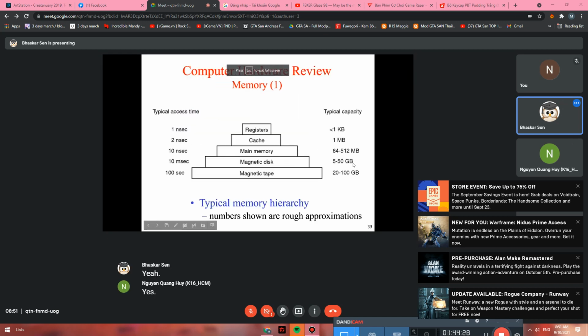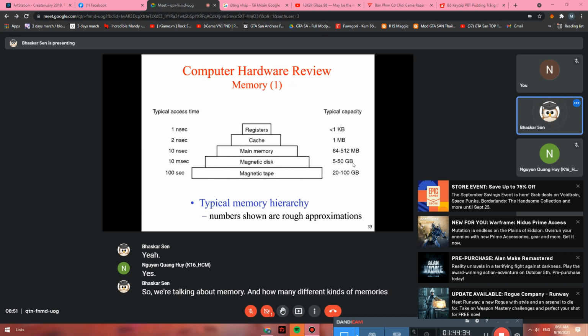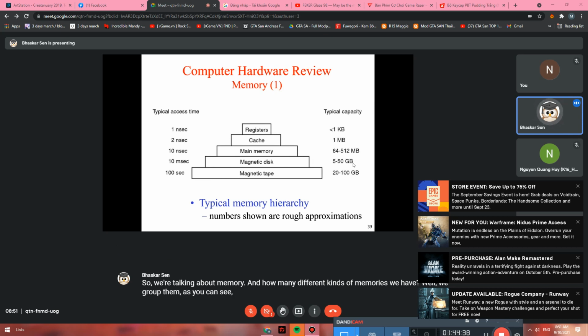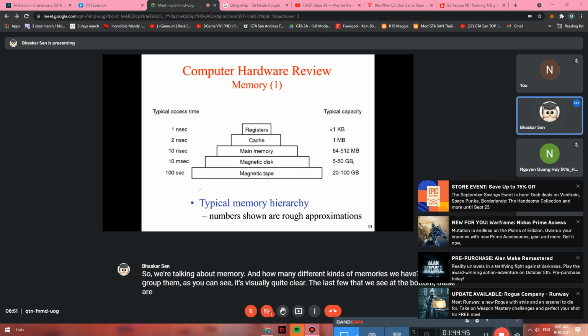Yes. So we're talking about memory and how many different kinds of memories we have. Well, we group them. As you can see, it's visually quite clear. The last two at the bottom are permanent memory, permanent storage. These three are volatile.